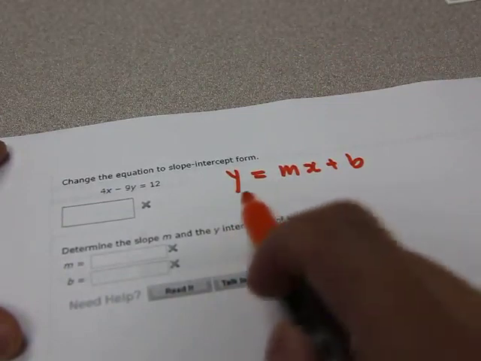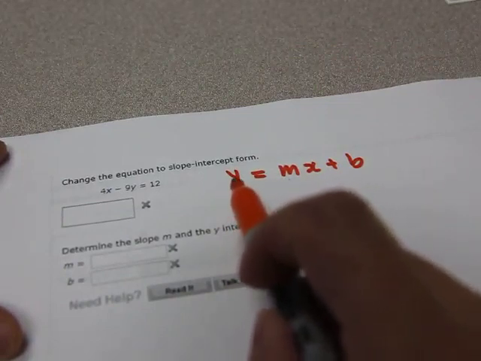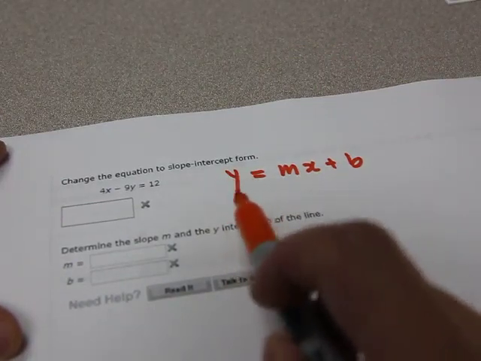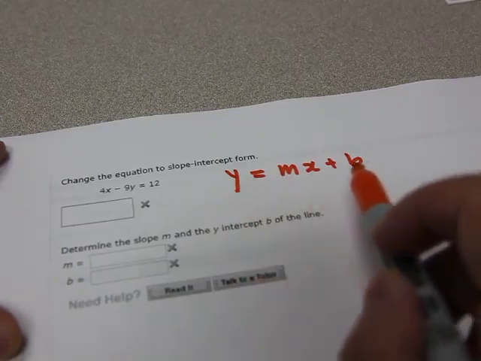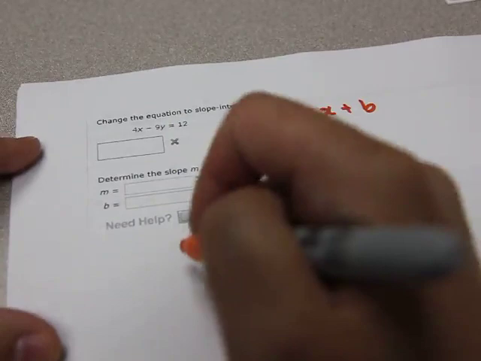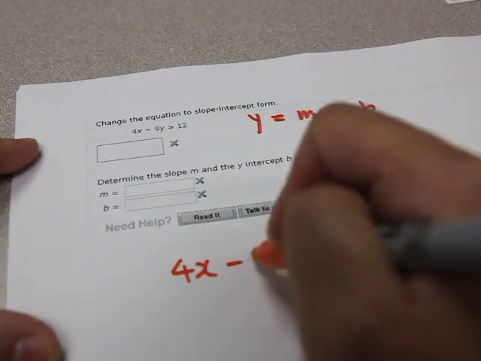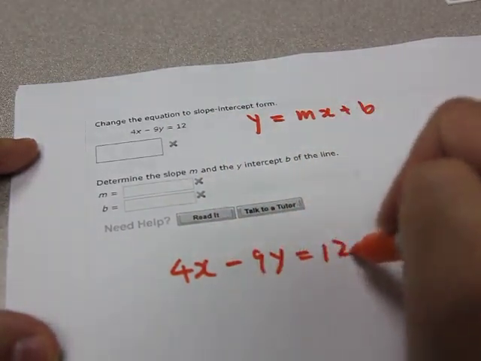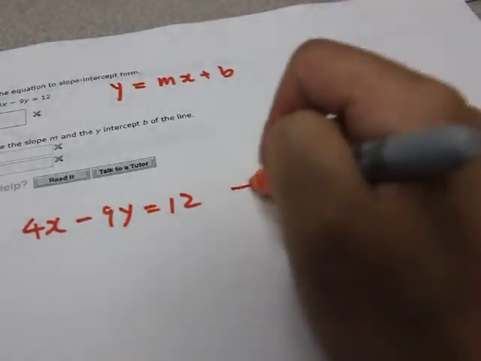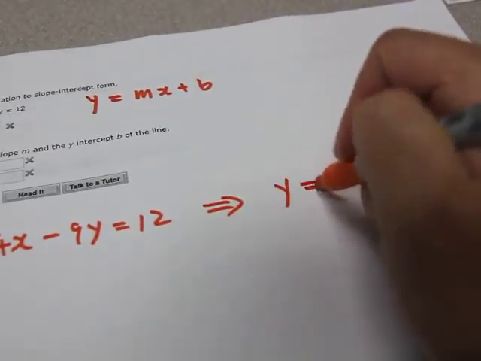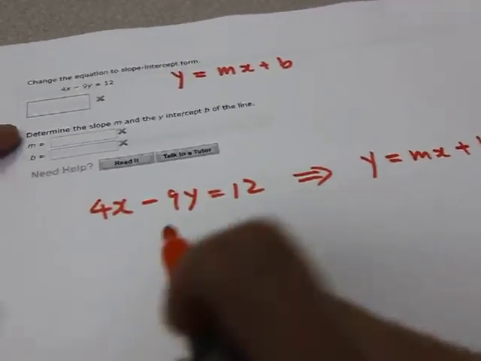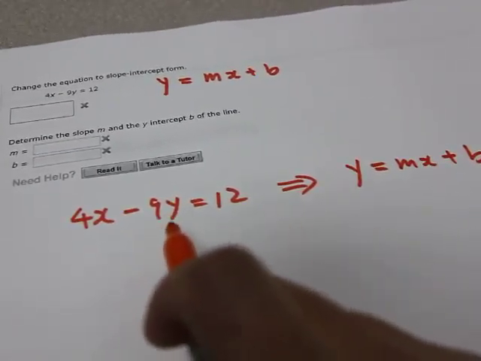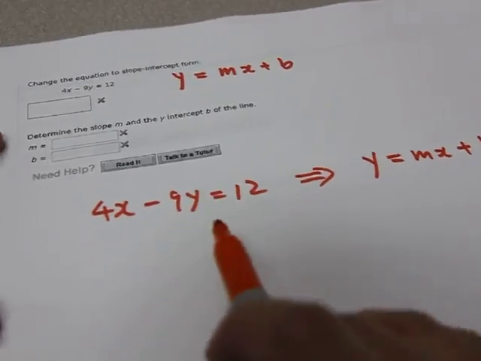So in this equation, since the coefficient of y is 1 and the y is separated from x and this constant, if I want to convert this equation into the equation y equals mx plus b, I need to isolate the y in this equation.